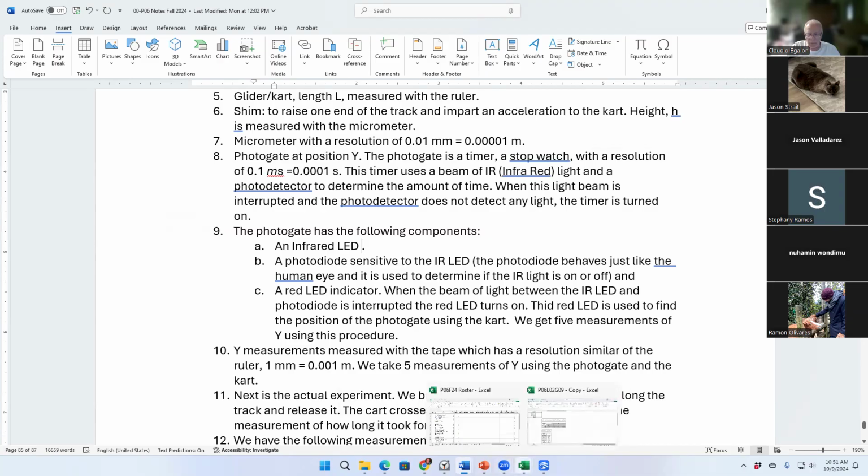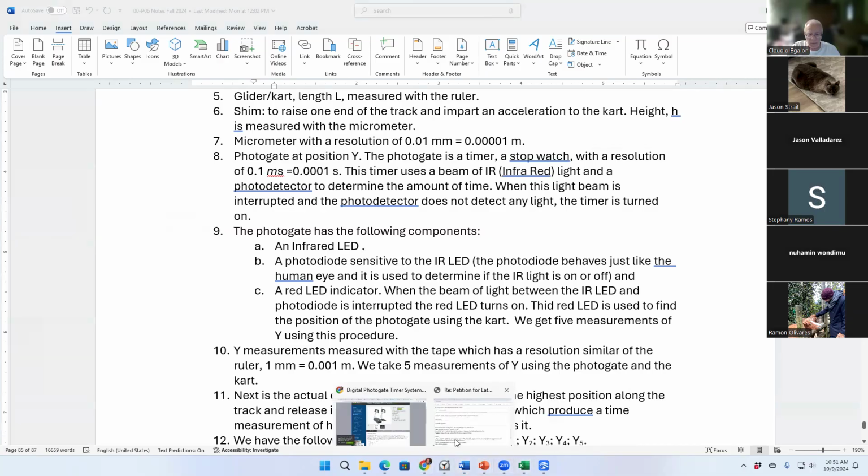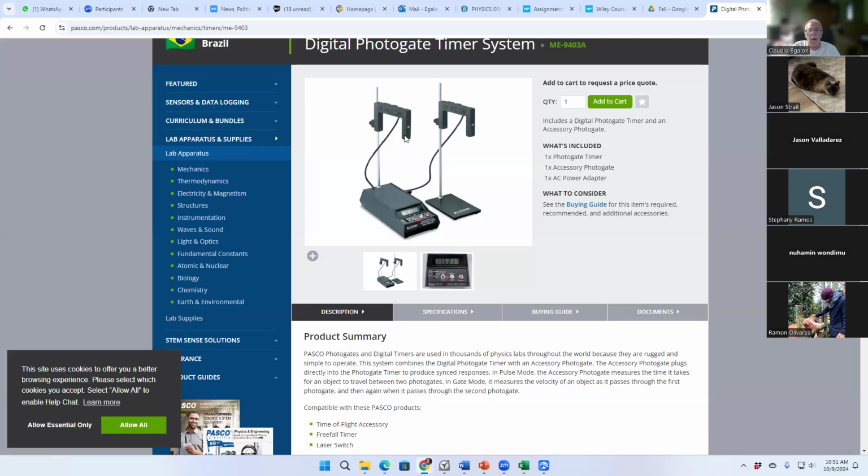I'm going to show you this infrared LED. On the inside of this little jar, you have the infrared LED. On the other side, you have a detector, okay?